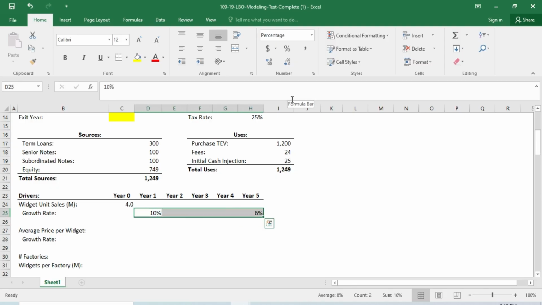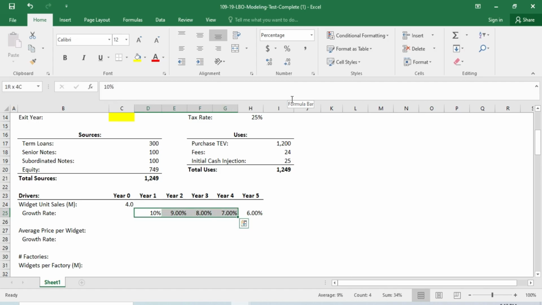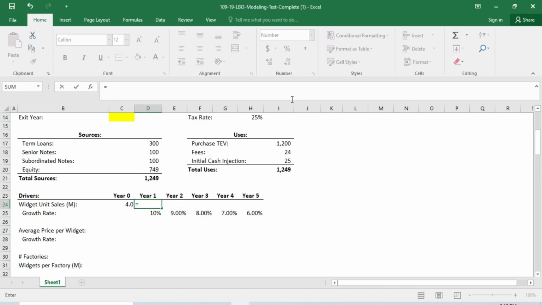Now, this is a decline of 4%. Either we can reduce this by 1% every year, or we can just keep 10, 10, 10, and then 6, 6%, whatever you like.